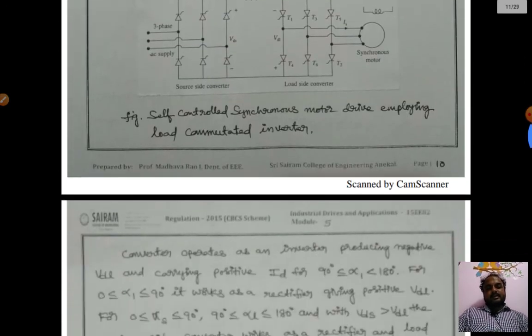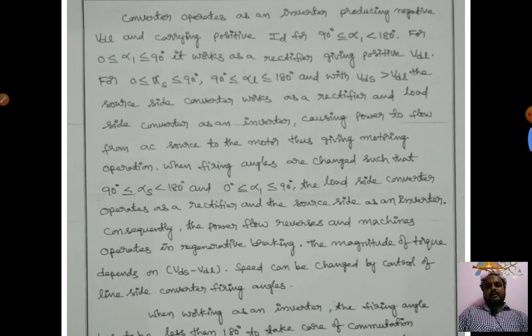The converter operates as an inverter producing negative VDS and carrying positive ID for 90 degrees less than or equal to alpha 1, firing angle less than 180 degrees.